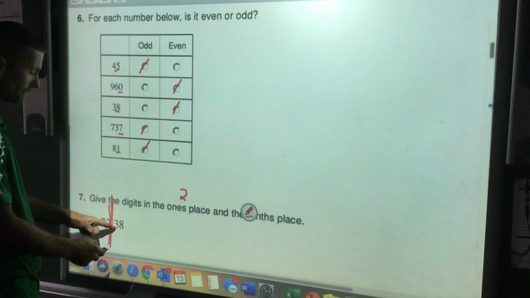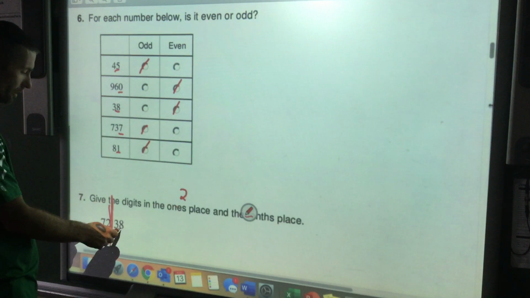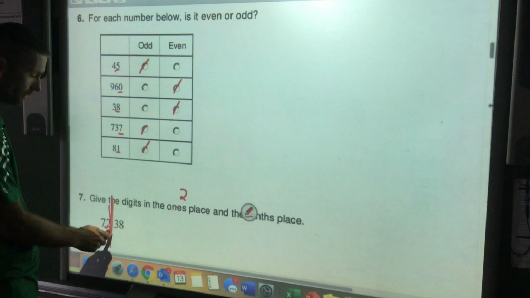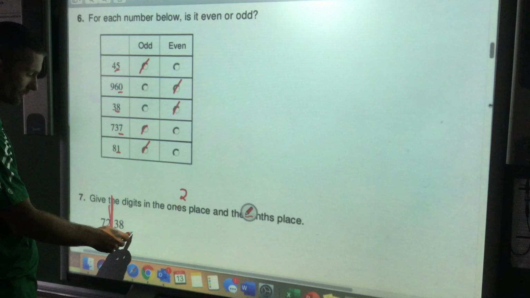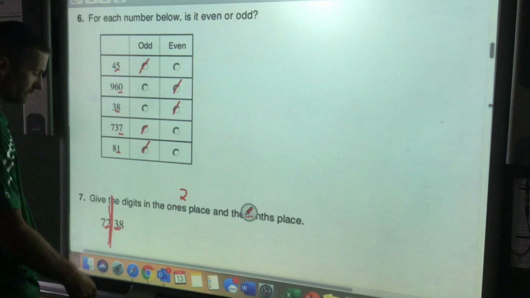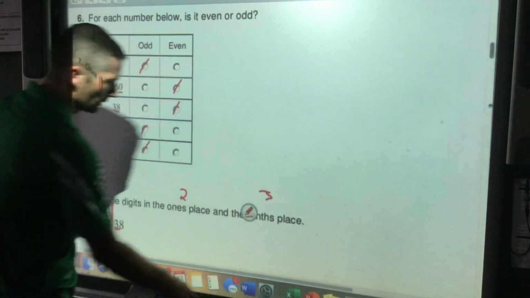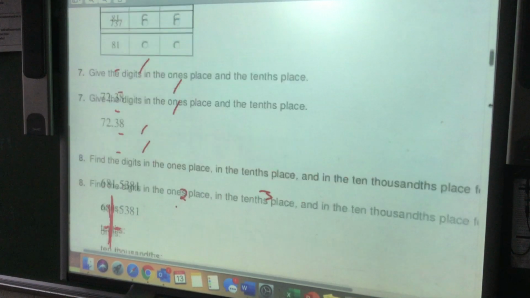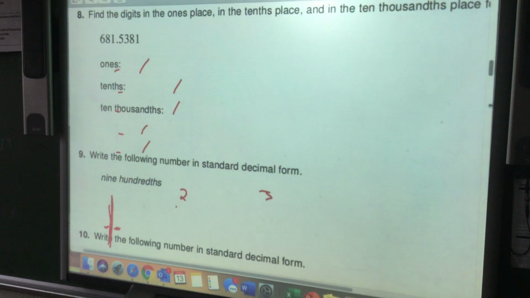So we have tenths instead of tens, hundredths instead of hundreds, thousandths, so tenths, hundredths, thousandths, 10,000ths. That's my tenths place. You can use your notes on your homework, not on the quiz.